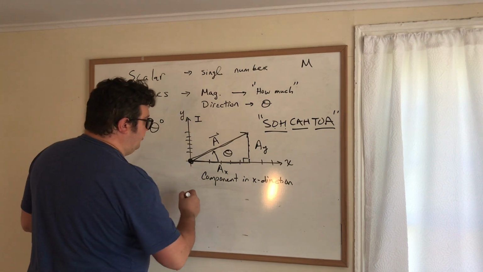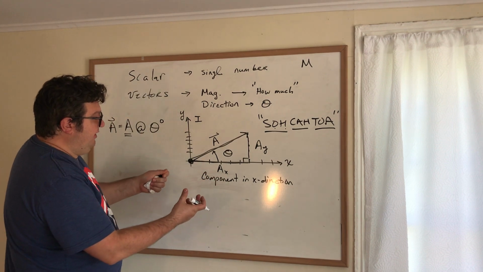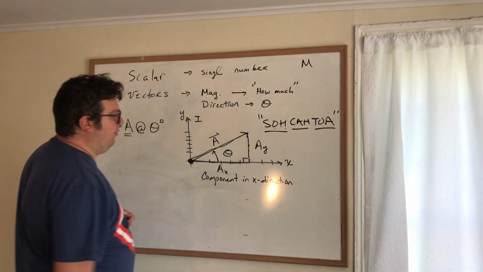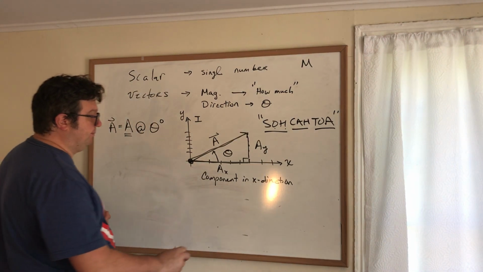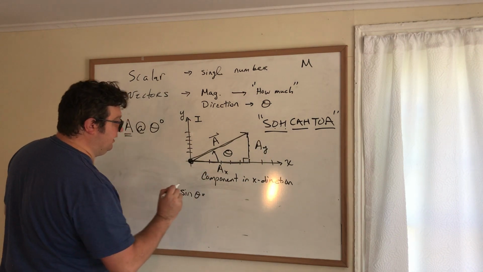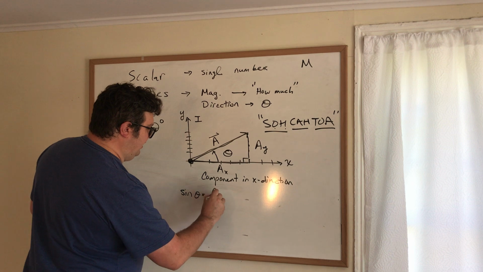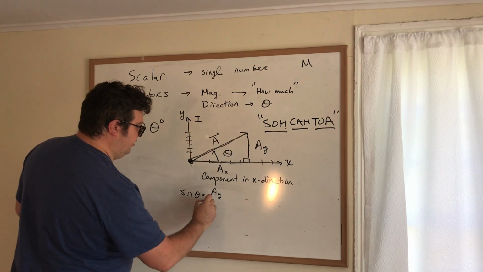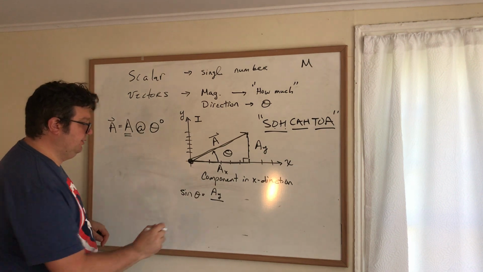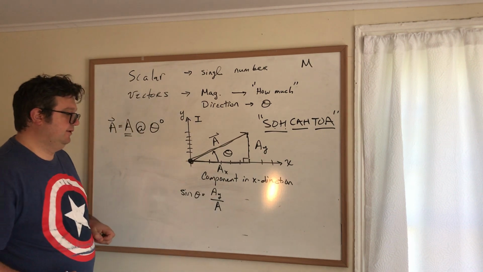Okay, so I can immediately see that if I know A and I know theta, I can find what AX and AY is, right? Because the sine of theta equals AY, the opposite, over, now, we know this distance is the magnitude, so over A.